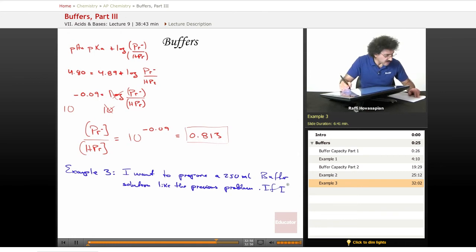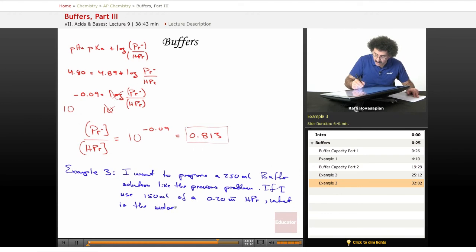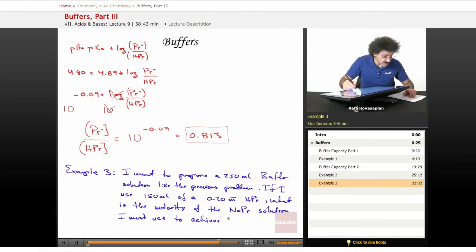If I use 150 milliliters of a 0.20 molar HPr propanoic acid, what is the molarity of the sodium propanoate solution I must use to achieve the desired 4.80 pH?